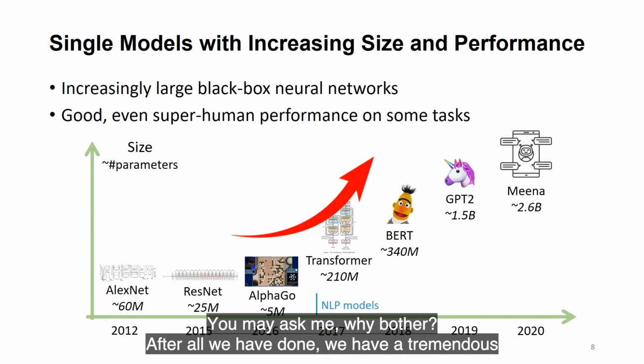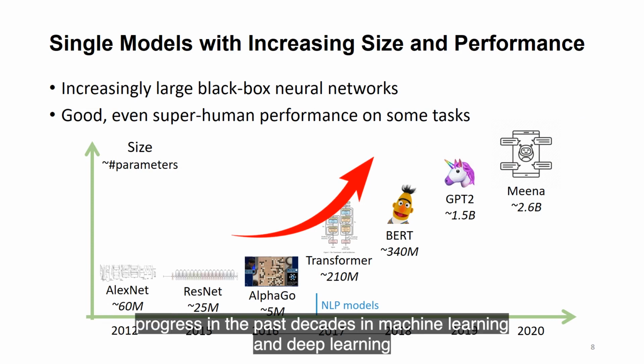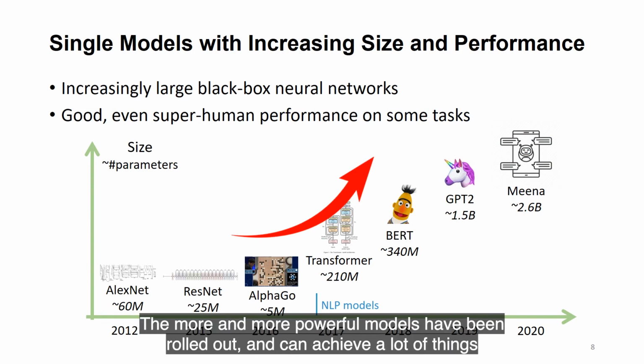You may ask me, why bother? After all, we have made tremendous progress in the past decades in machine learning and deep learning, where more and more powerful models have been rolled out and can achieve a lot of things.